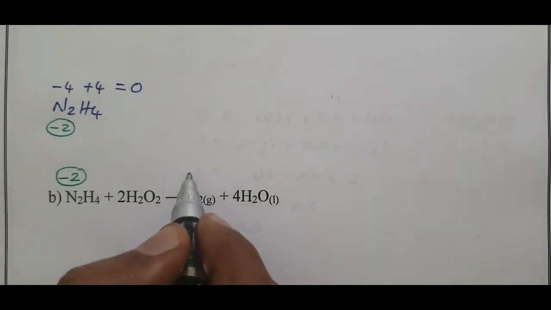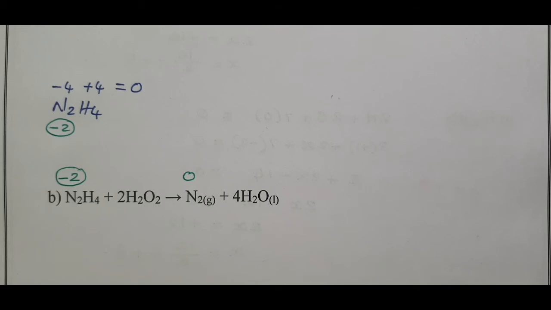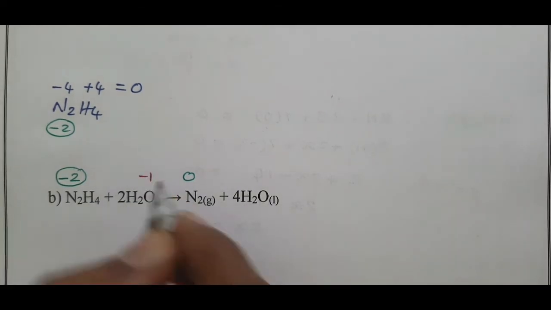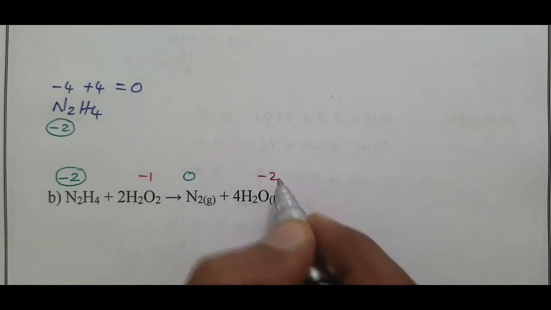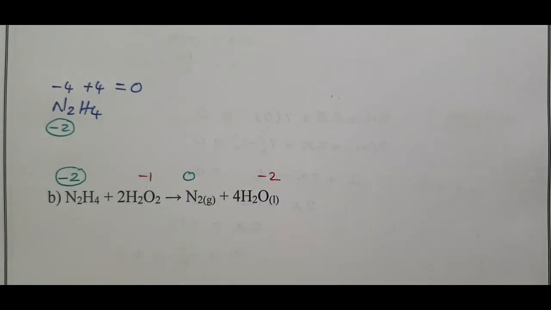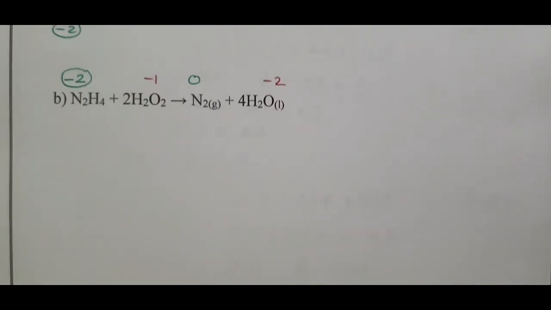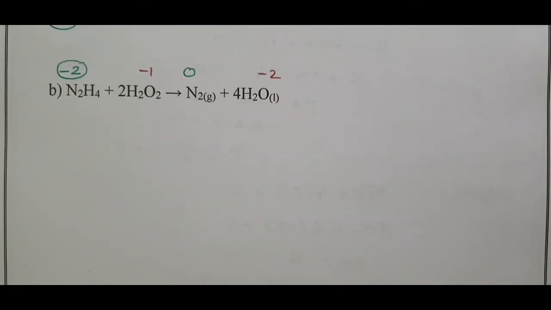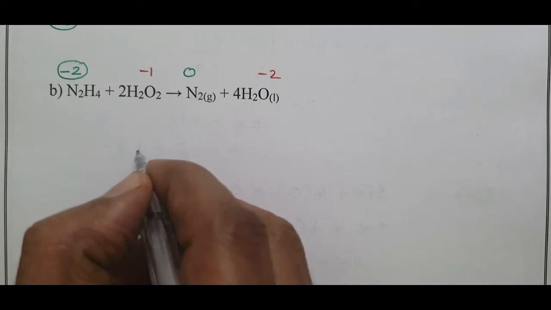N2 is a homogeneous diatomic molecule, oxidation state equal to 0. In peroxide, the oxygen oxidation state is -1 and in water molecule, oxygen oxidation state is -2. Now I separately write the two compounds and then we will find which undergoes oxidation and reduction.